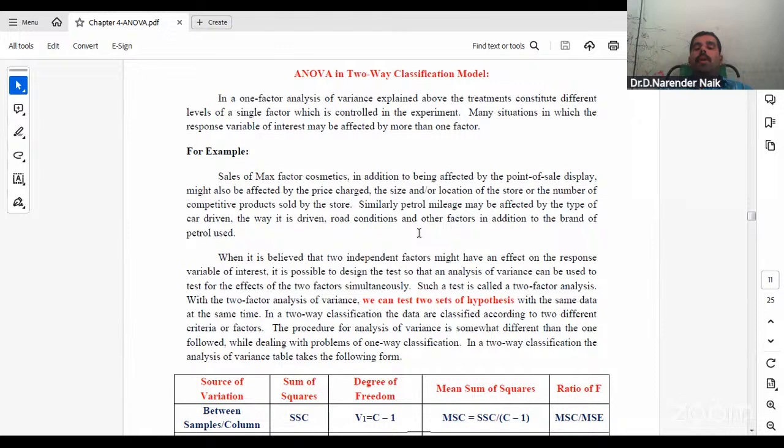Similarly, petrol mileage may be affected by the type of car driven, the way it is driven, road conditions, and other factors in addition to the brand of petrol used. See, one factor is affecting the other factor. That's why we call it two-factor analysis.